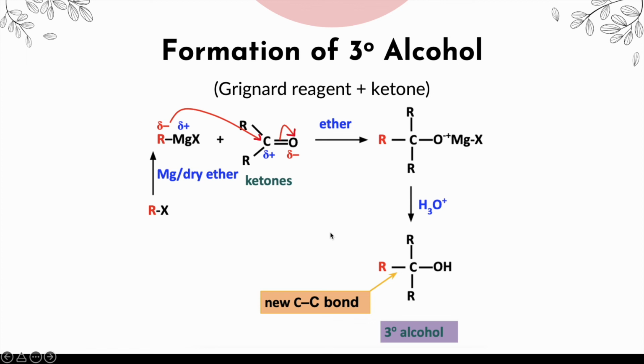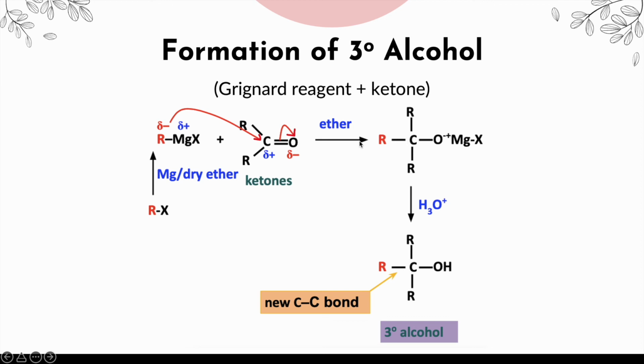Next, formation of tertiary alcohol. Tertiary alcohol uses Grignard reagent and then reacts with ketone. For tertiary alcohol, make sure to react with ketone. Primary, secondary alcohol formation reacts with aldehyde, but for tertiary alcohol, we react with ketone in the presence of ether, and then this R group over here will form bond with the ketone carbon.